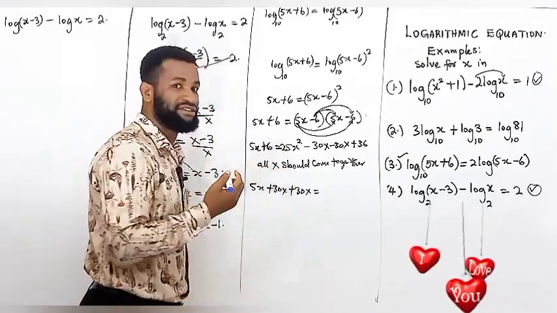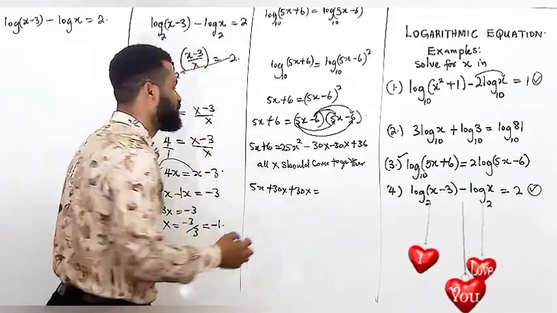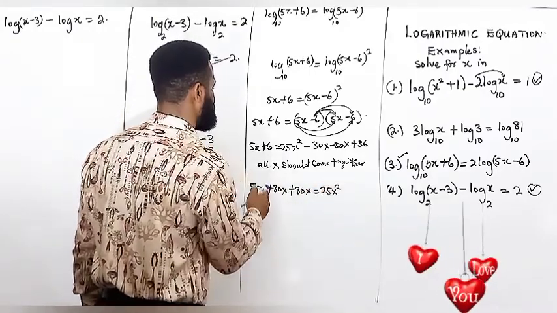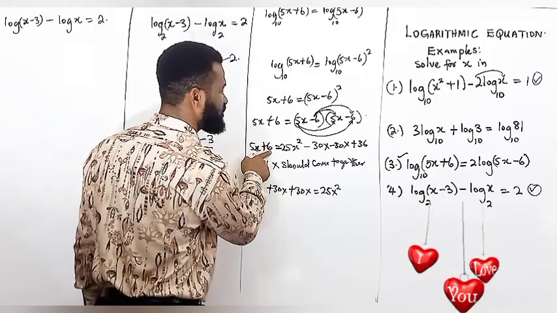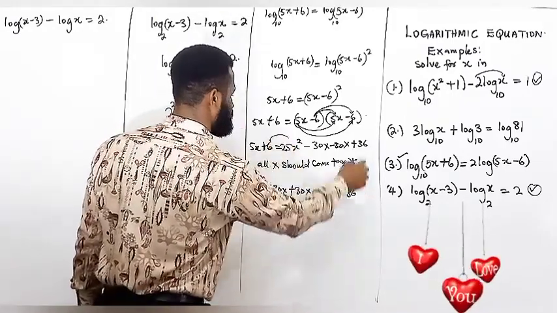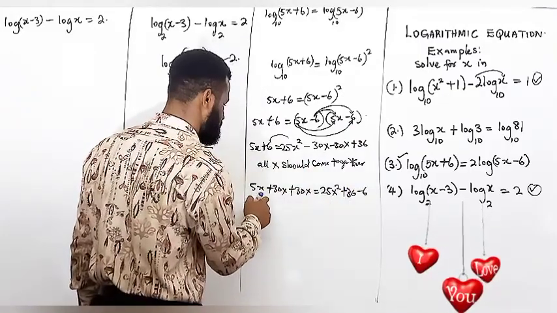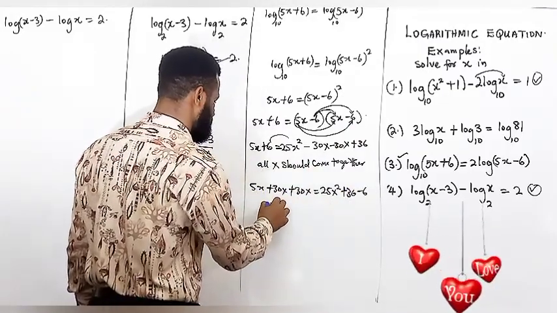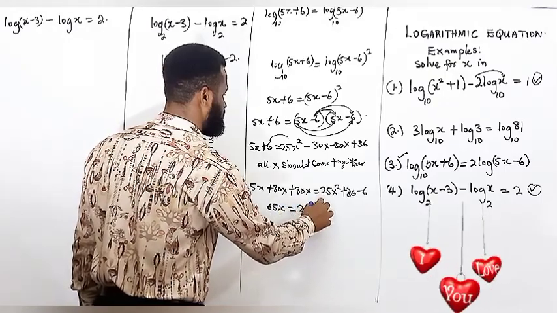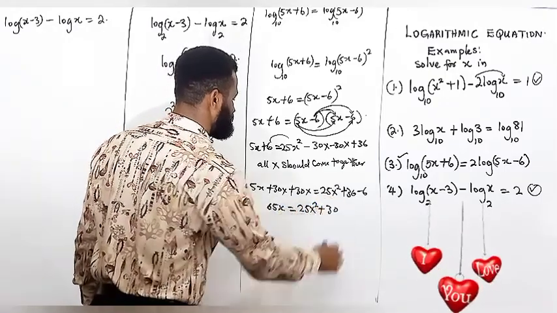X squared is different from x. So this is 25x squared, right? And this is plus 36 already. Then 6 will go down and become minus 6. So everything here is 65x is equal to 25x squared plus 30.